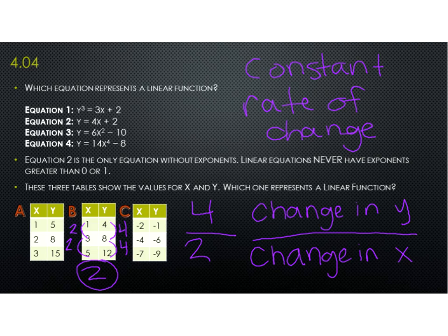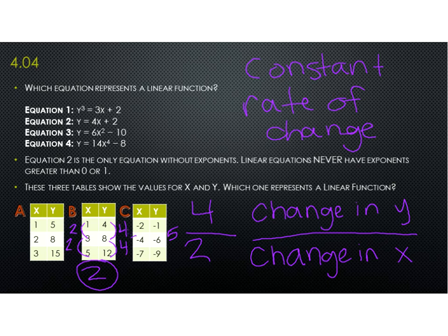Looking at letter C, y goes from -1 to -6, that's a jump of 5. And then it goes from -6 to -9, and that's a jump of 3. Looking at our x values, when this jumps up to 5, over here at x, it goes down, sorry.